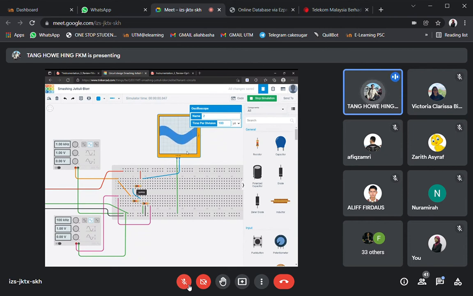So we have 1, 2, 3, 4, 5. So let's say 5 multiplied by 100 microseconds, is it a complete cycle? 1, 2, 3, 4, 5. Oh, no. So the complete cycle is from here until here.